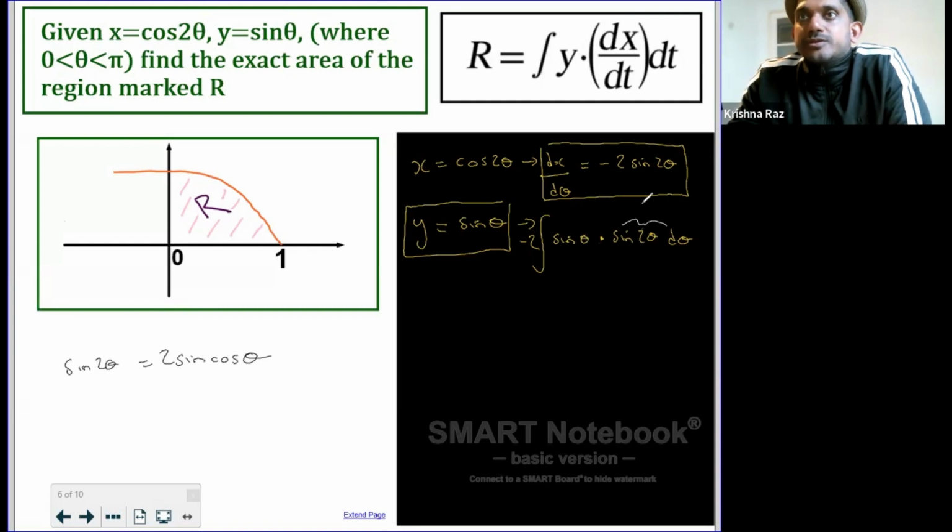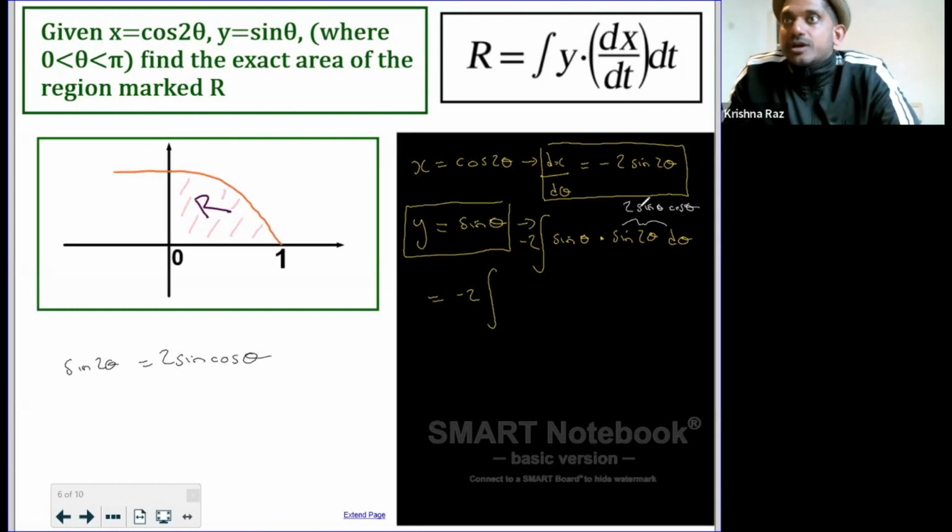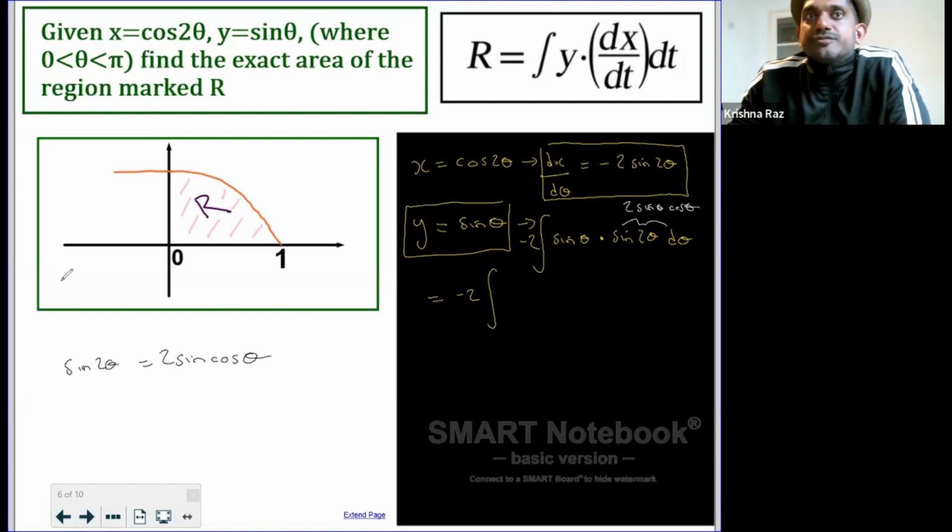So our integral is now -2 times another 2, so -4, of sine theta times sine theta and cos theta.